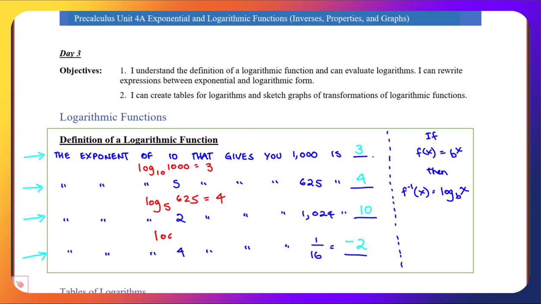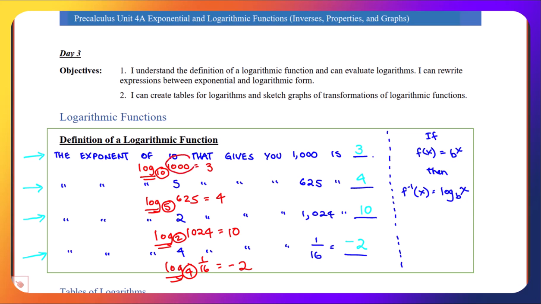The exponent of 2 that gives you 1,024 is 10. And the exponent of 4 that gives you 1/16 is -2. So that log just means the exponent of, and then this is the base of that exponent.